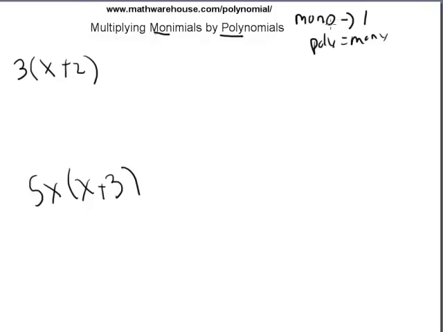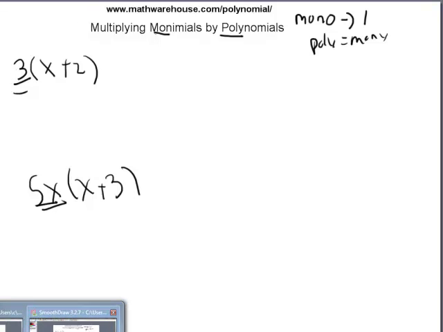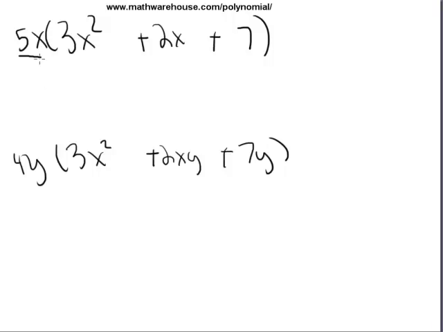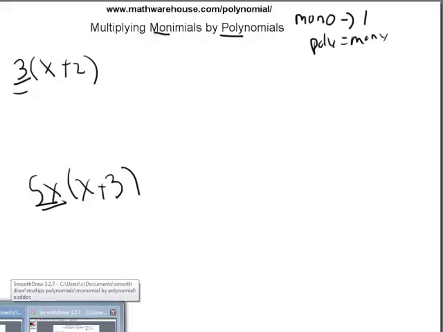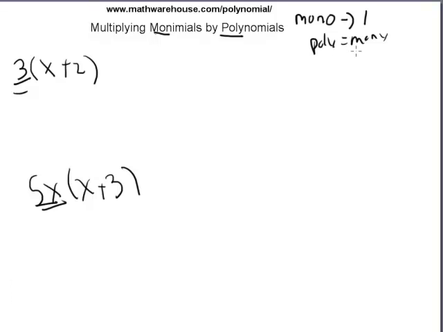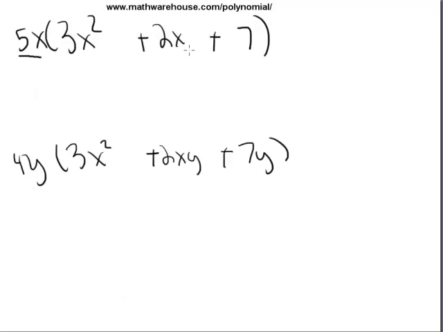And all that a monomial is, is an expression with one term. These are all monomials. 3 is a monomial, 5x is a monomial, and on the other slide, 5x and 4y are monomials. On the other hand, polynomials are expressions with many terms, like x plus 2, x plus 3 on the bottom, or here are some larger polynomials.